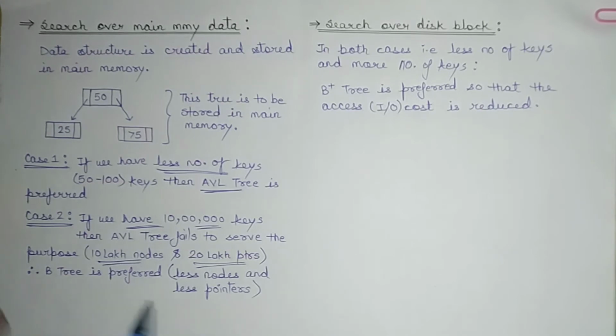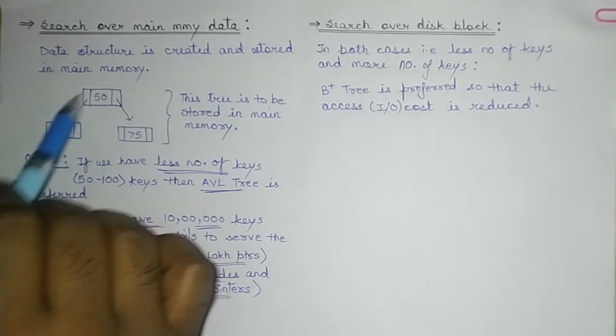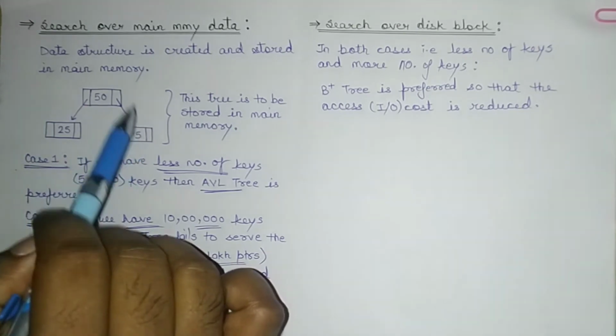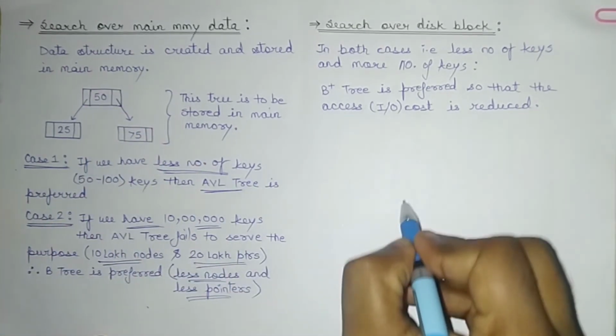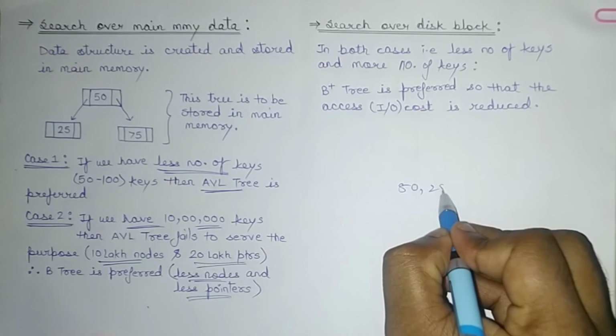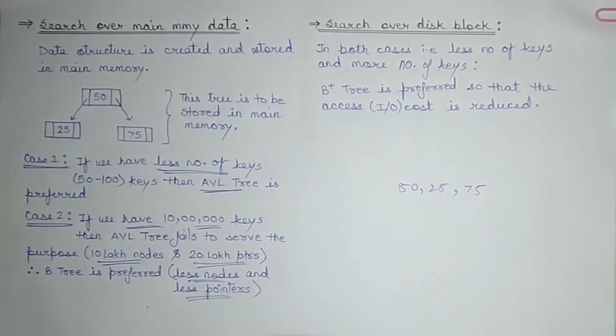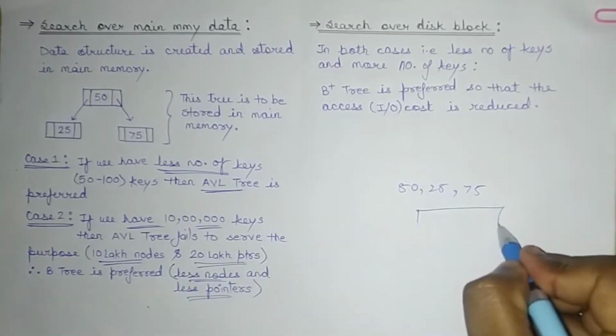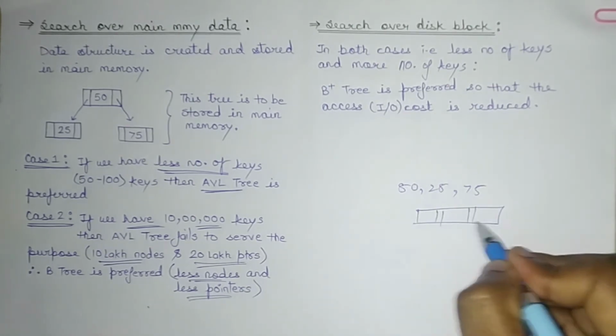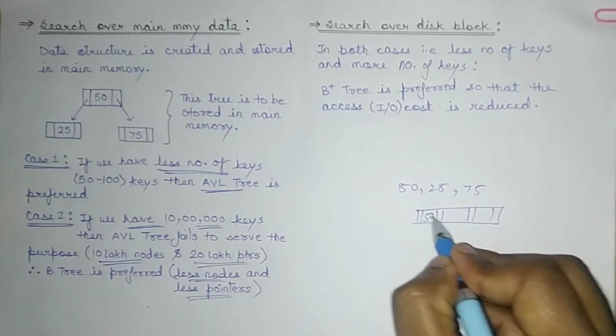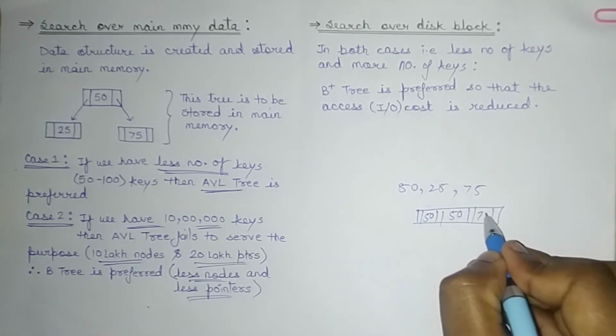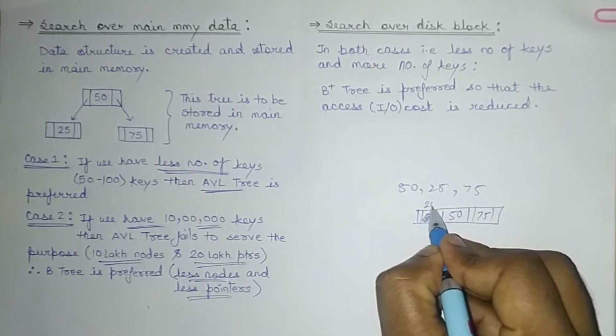So a B tree is preferred because there will be fewer nodes and fewer pointers as compared to this, because in one particular node we can store multiple keys, right? For example, if I want to store values 50, 25, 75, and I consider a B tree having degree of node 3, then there is a possibility that I can store these values over here, 50, 75, and here it can be 25, right?